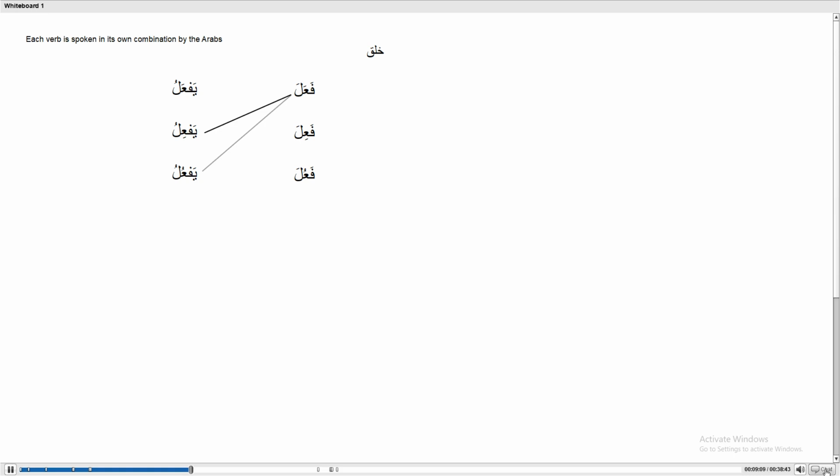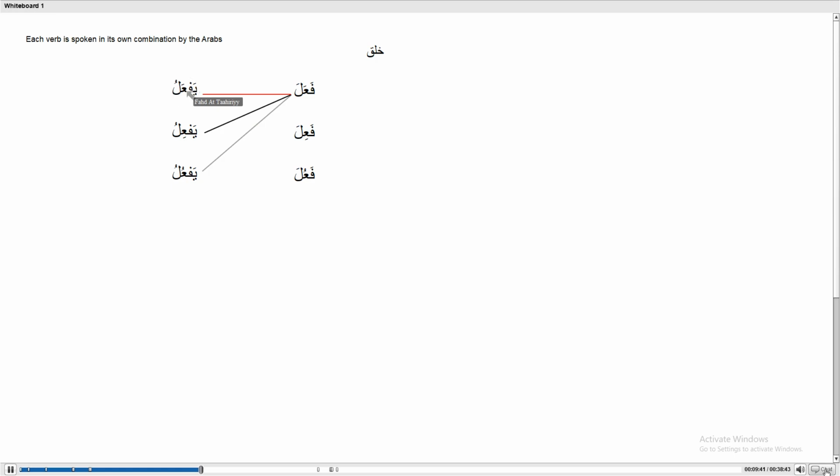Then you have a set of verbs which are spoken this way: فَعَلَ يَفْعَلُ, and not in any other way. Like fataha. Fataha is on the scale of fa'ala. Its mudari' is only said in this way, yaf'alu.